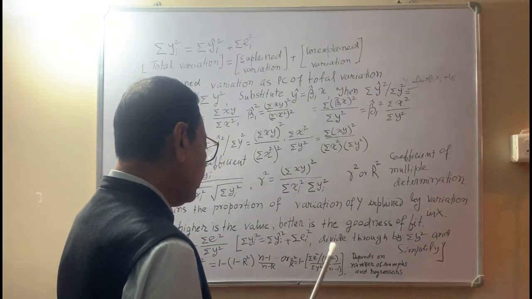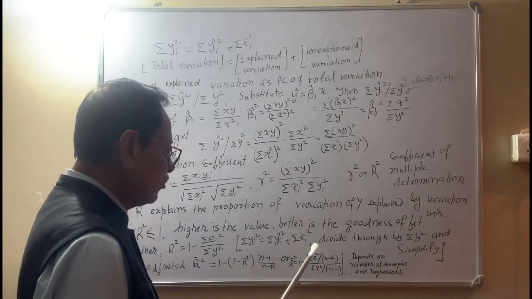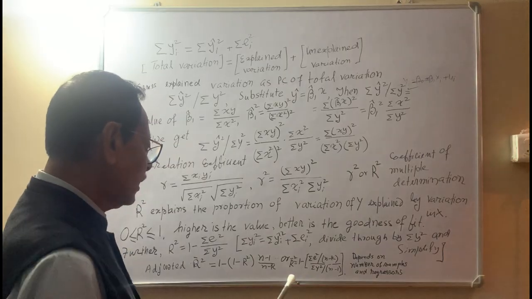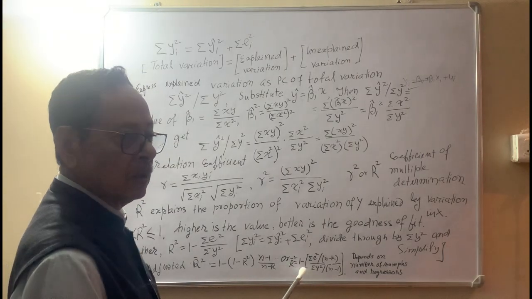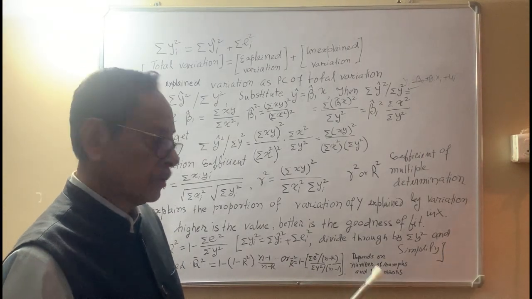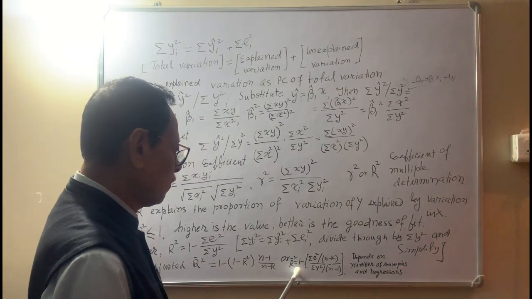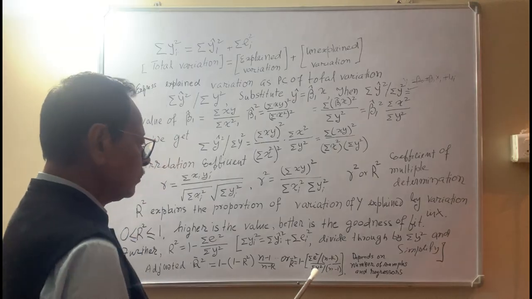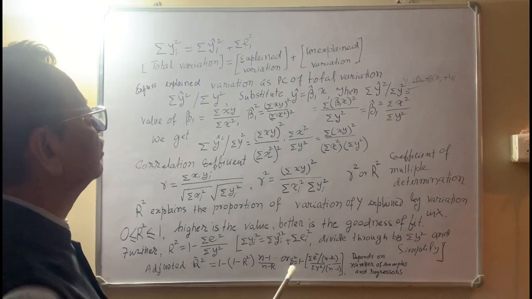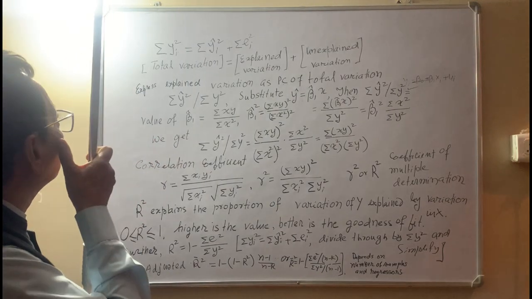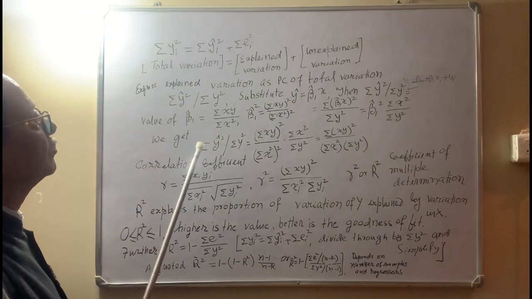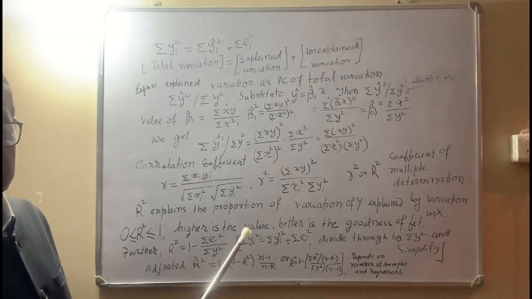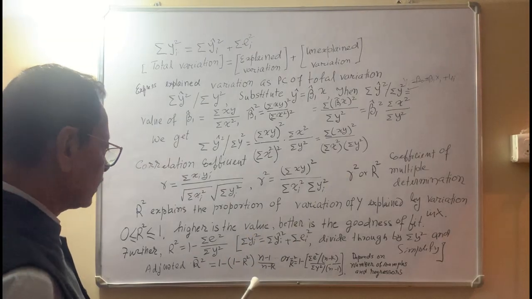Generally we found that if the number of observations is higher, then the R square values will also improve. That means the goodness of fit will be better. So with this we have concluded the goodness of fit, and further we will discuss in other chapters.